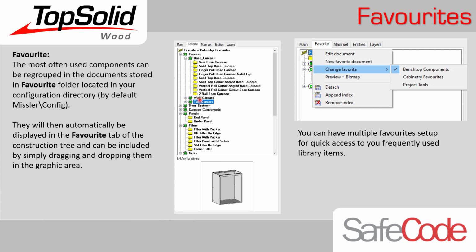Then we have our wall carcasses, tall carcasses. We can have the door systems. This can be set up in any configuration that you like. This is something that you set up yourself. Later this week a video tutorial will be released on how you can set these up and use the favorites.